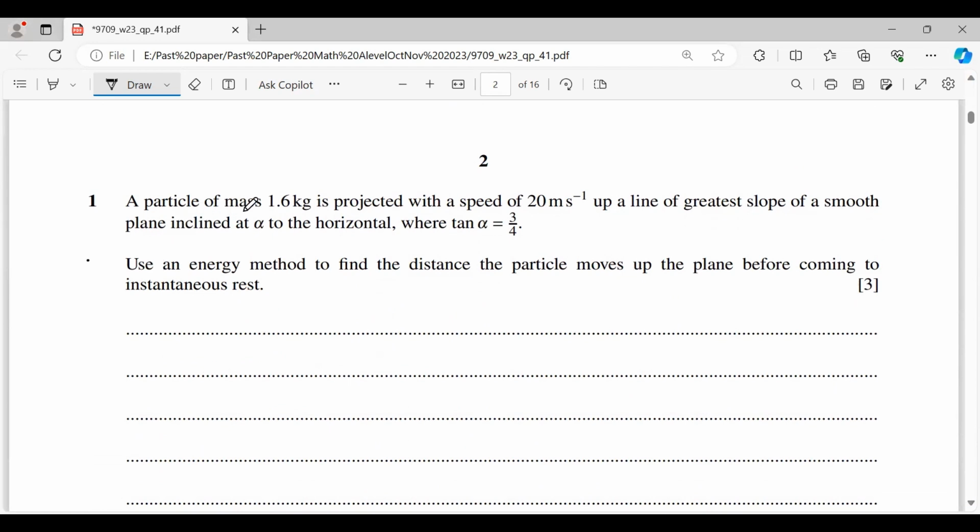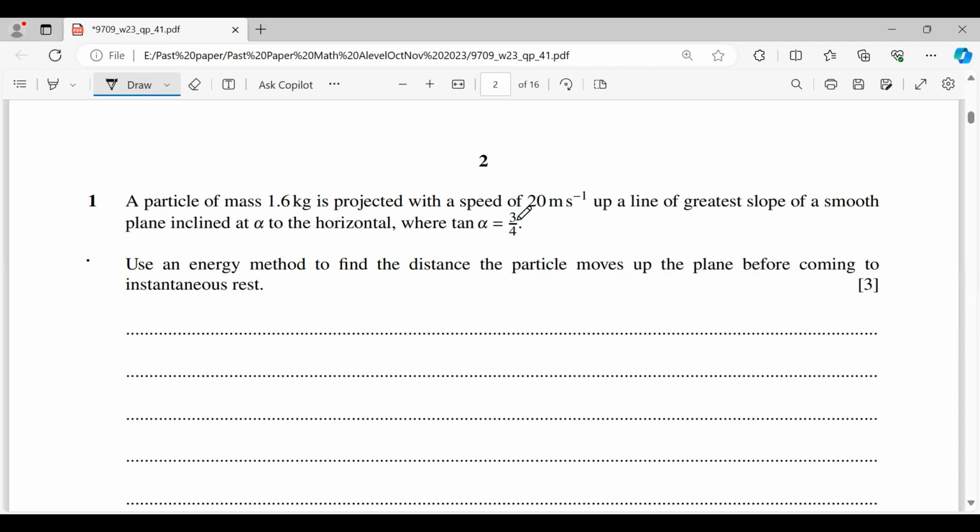A particle of mass 1.6 kg is projected with a speed of 20 meters per second up a line of greatest slope of a smooth plane inclined at alpha to the horizontal, where tangent alpha equals 3/4.